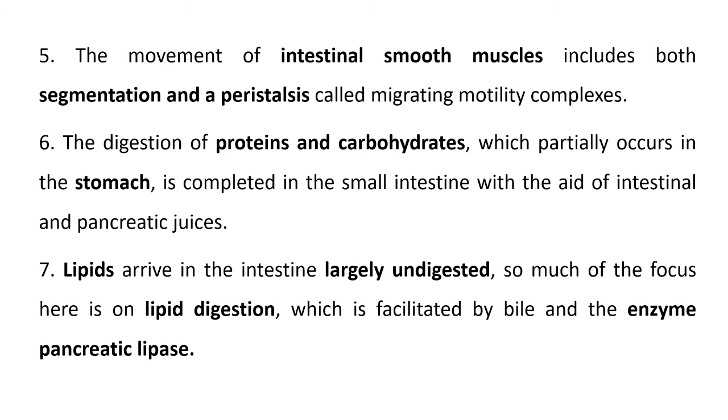The next function is, as I said, the digestion of protein and carbohydrate begins in the stomach, and partial digestion of lipid takes place in the stomach, but further digestion of lipid is completed in the small intestine, that is in the duodenum.